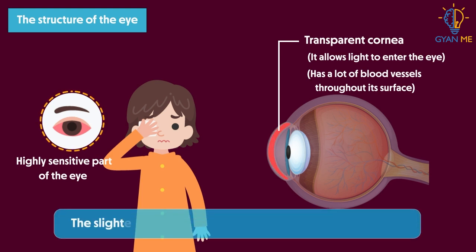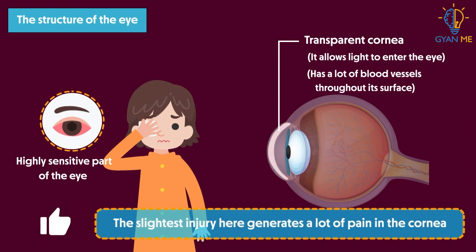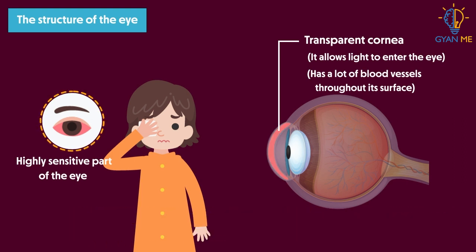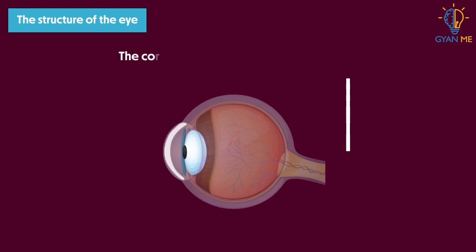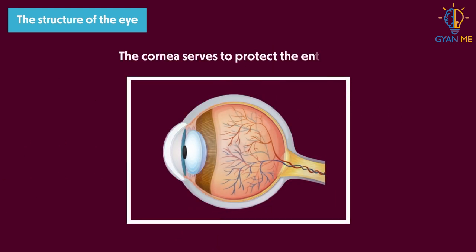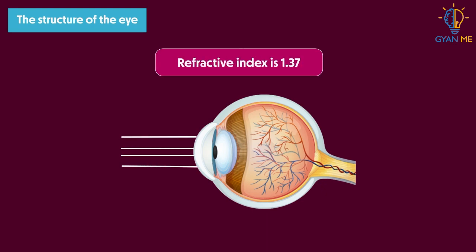Thus, the slightest injury here generates a lot of pain in the cornea. Well, this is important from a defense point of view as well. Also, it makes the eye aware of any danger or injury. Thus, the cornea serves to protect the entire eye. Its refractive index is 1.37.